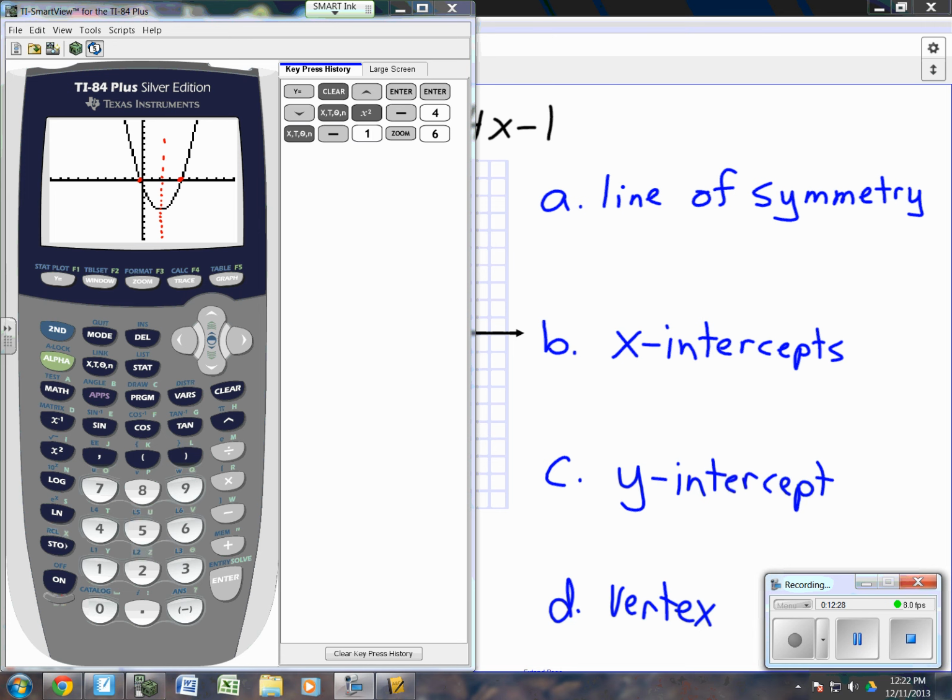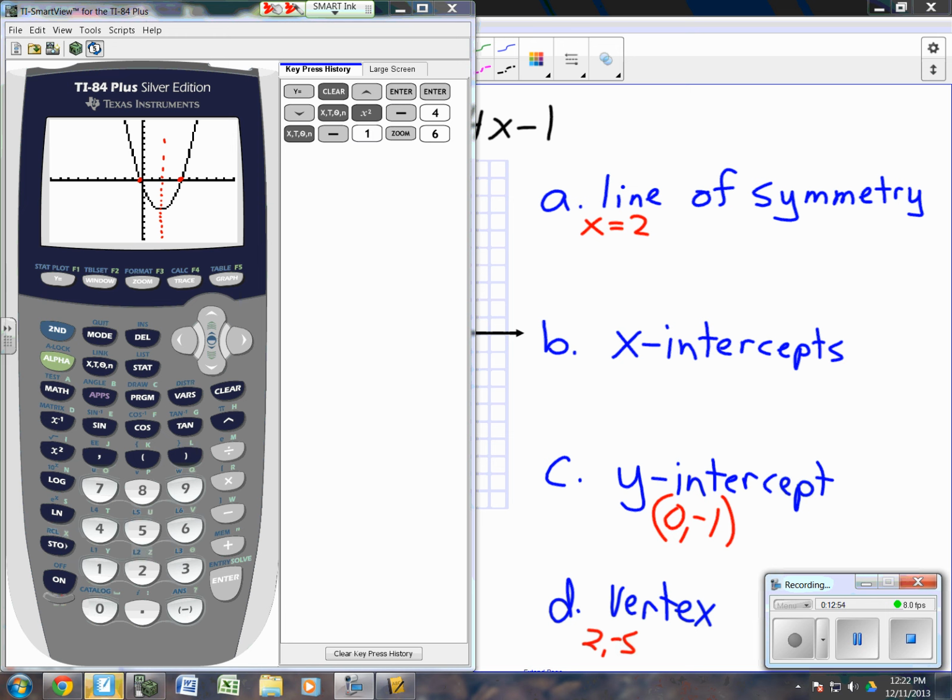Notice my vertex is somewhere around 2, negative 5. It almost looks like 0, negative 1 is my y-intercept, which I know for sure is it, because I can just look at the equation and get that.